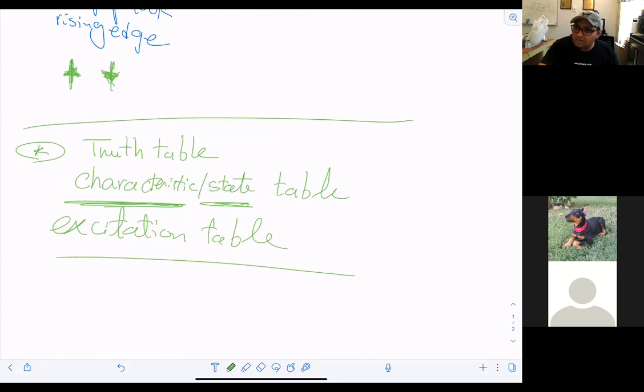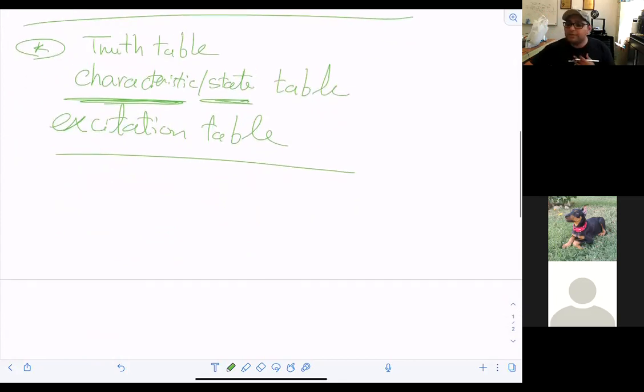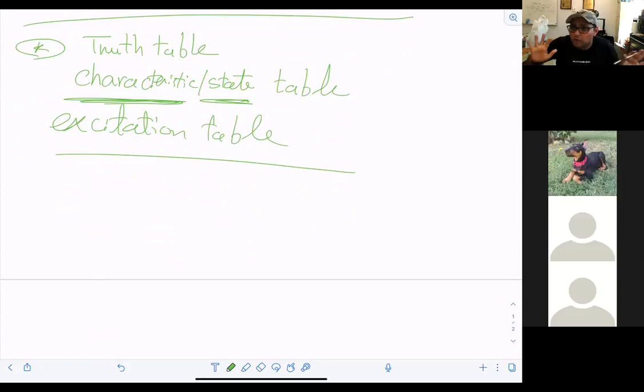Characteristic, excitation, truth table. Now, if you remember, what was the difference between SR flip-flop versus SR latch? We add the clock. Do you agree? Because we said the latch is super cool, but based on the SR latch, NAND, NOR, there is one state that will not be used. And on top of that, there is no time.